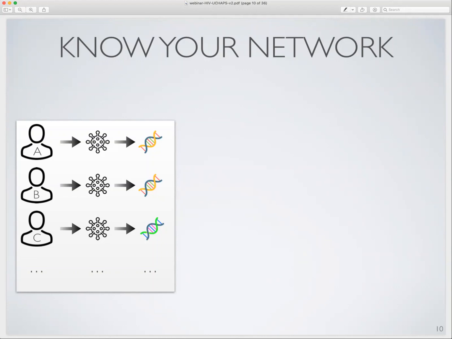And the model that will reconstruct the transmission chains from genetic sequence is really complicated, and explaining it here is well beyond this webinar. Sorry. But the main idea is the following. If two HIV sequences sampled from two patients are similar, then there is likely a small number of steps between those two patients in the transmission chain.